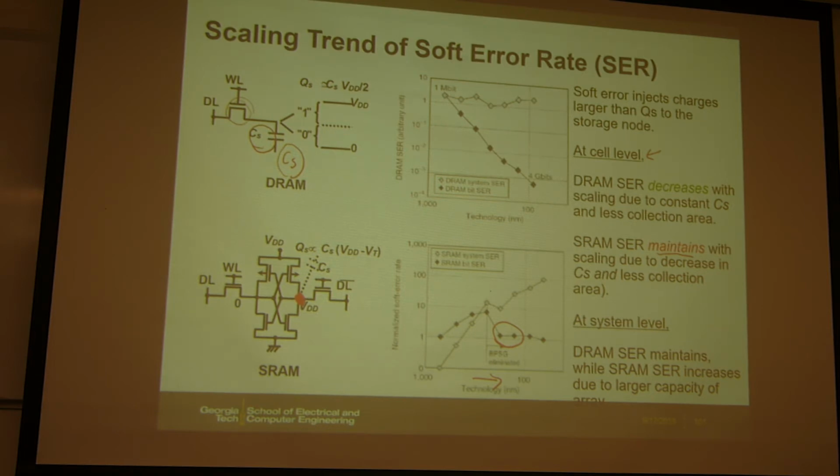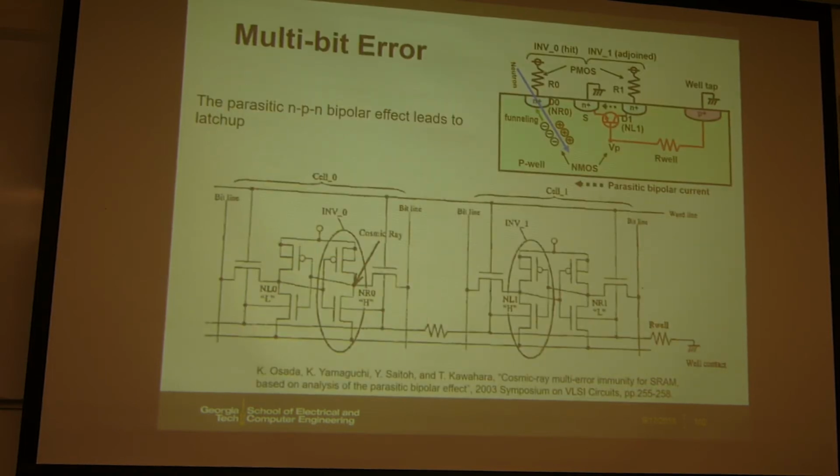Okay, so then I just want to briefly discuss multi-bit error. In the SRAM, this is a problem. When one strike hits one SRAM cell, it may cause multiple bits to flip. This is a little bit strange, but you can understand it through this example.